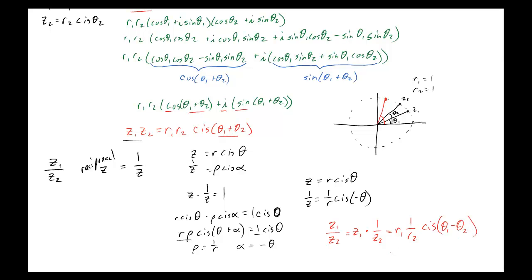And so this formula right here, which you'll usually see as r1 over r2 cis (theta 1 minus theta 2), will not be given to you on any formula packet, but you'll find that helpful as you are dividing vectors, especially with complex stuff. Okay, so that's the basic idea behind everything that we're going to be doing.